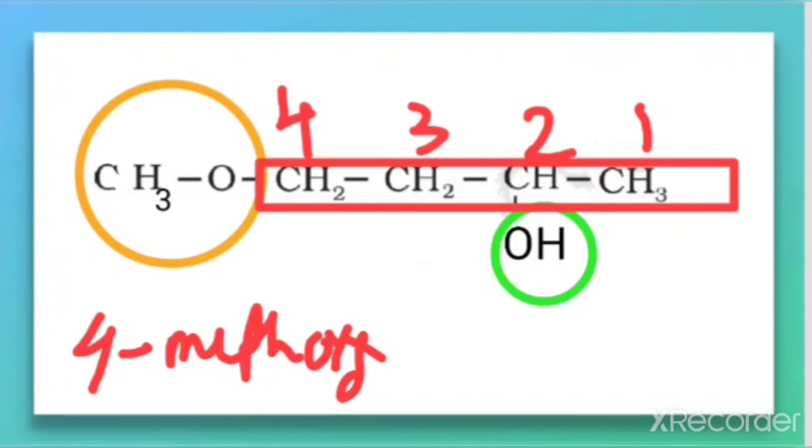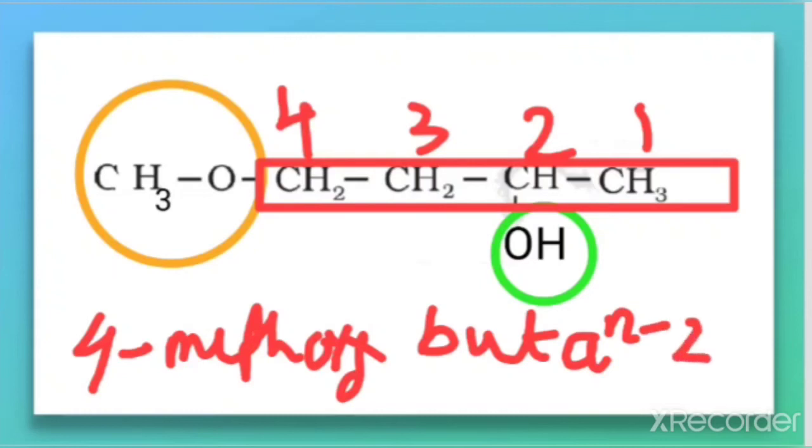Next we have to give the name to the word root. The word root here is 4 carbon, so but is the word root. Primary suffix, because all are single bonds here, so ane. And the functional group is the secondary suffix. The functional group is alcoholic, so we will use the suffix ol, and because it is on the second carbon, we will name it as 2-ol.